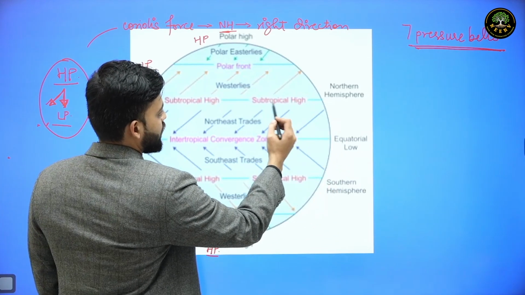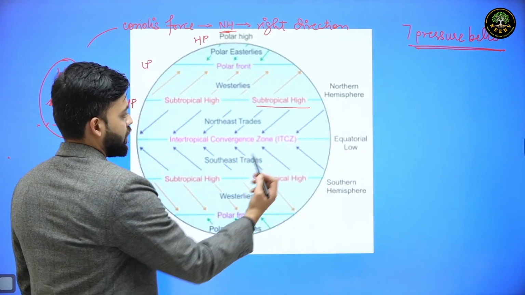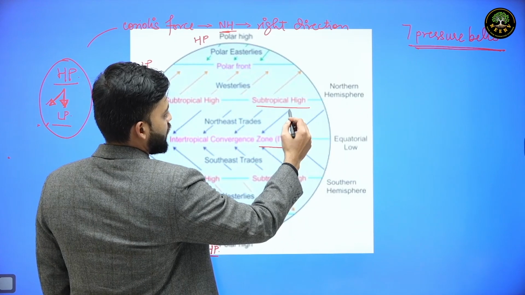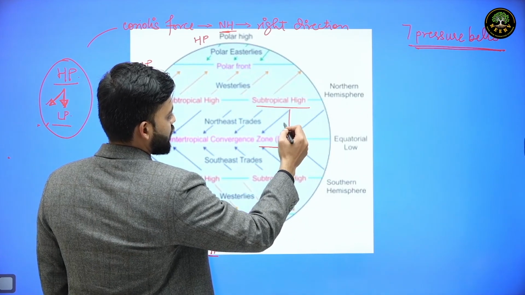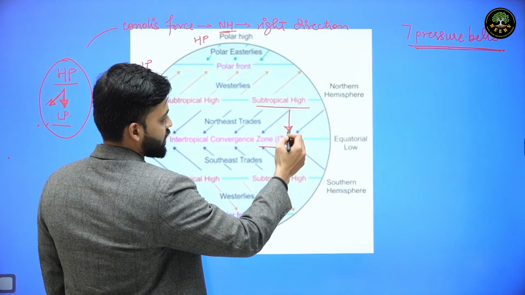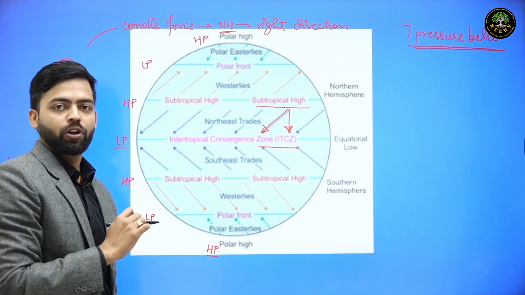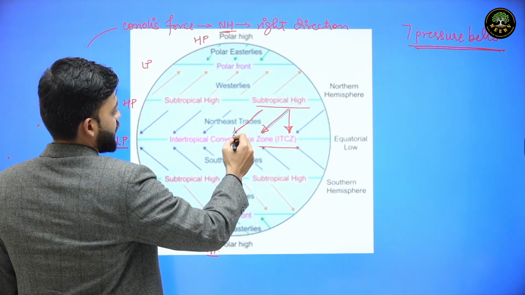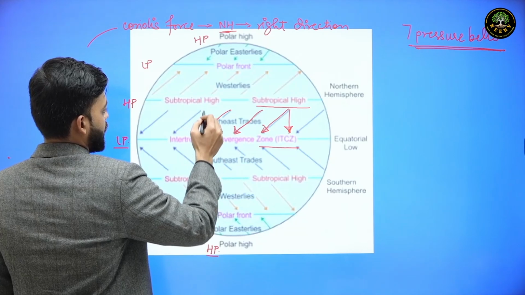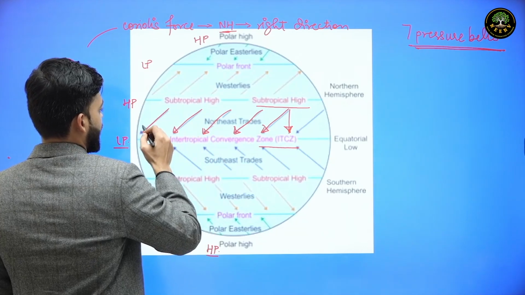So that's why from subtropical high to equatorial low, the wind that would have been going in this direction turns towards its right because of the effect of Coriolis force, which gave rise to the permanent trade winds.